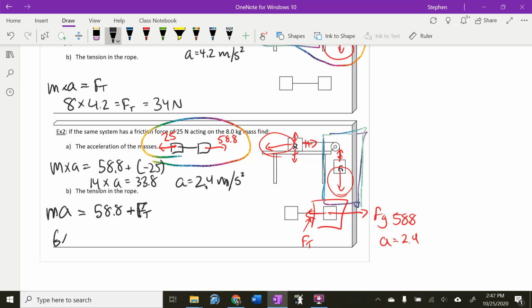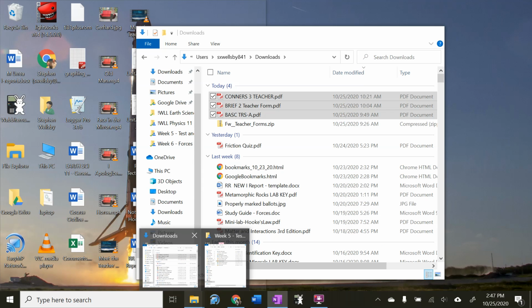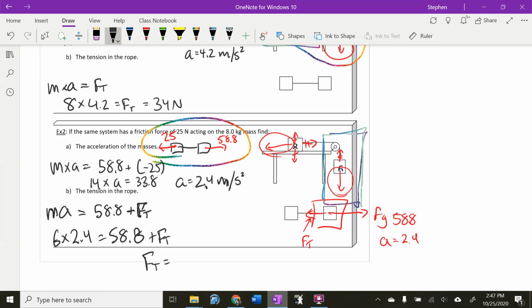So 6 times 2.4 equals 58.8 plus force of tension. This gives us negative 44.3. I've just kept all the significant figures from my previous equation. So negative 44.3 newtons, and that would be our final answer for the tension force.